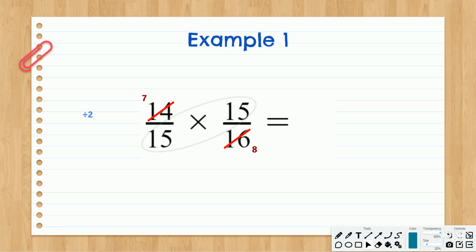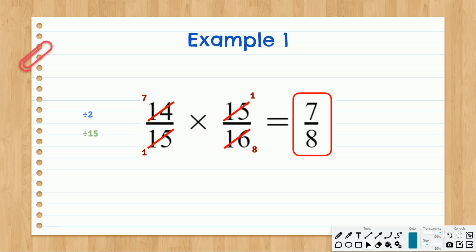Then I'm going to look at my other 2 numbers, and I have 15 and 15. And both of those numbers can be divided by 15. So now I need to do the division part. 15 divided by 15 gives me 1. And 15 divided by 15 gives me 1. And then I just have to multiply across. So 7 times 1 gives me 7. 1 times 8 on the bottom gives me 8.